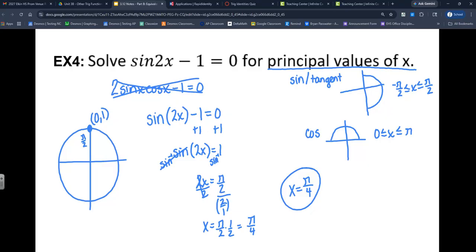For some of these, well, for all of these, you need to look at, see how we divide by 2 at the end? That takes all of our answers and cuts them in half.